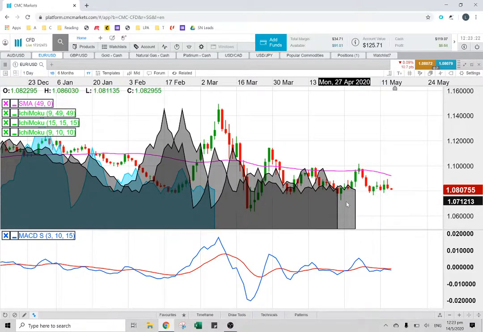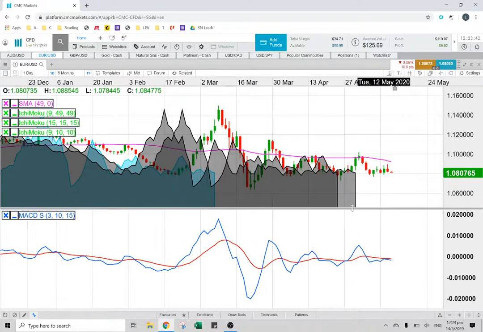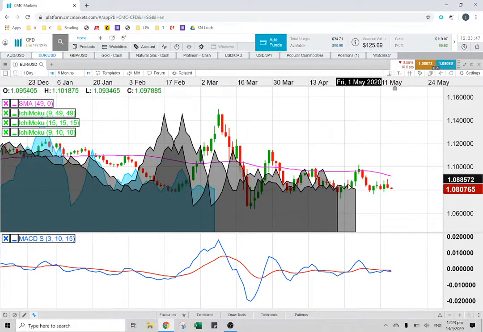With the pink line down, it's just too flat. I don't want to touch this market. Even if the price stays around here and starts to drop off, I'd rather just stay on the sidelines. Nothing much to see over in euro dollar.